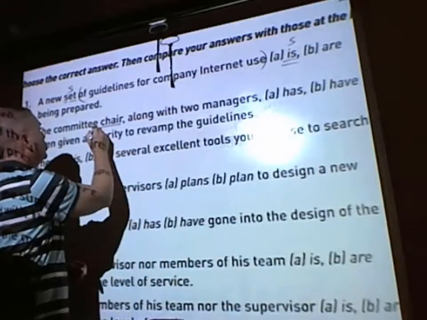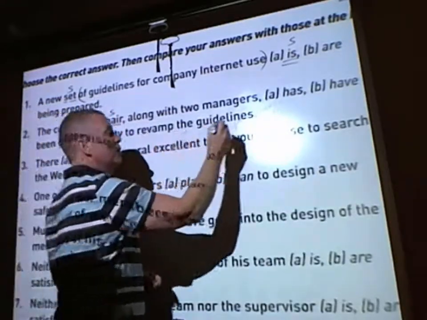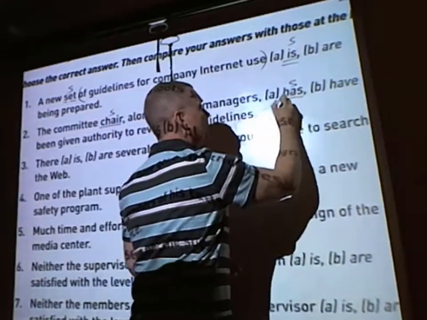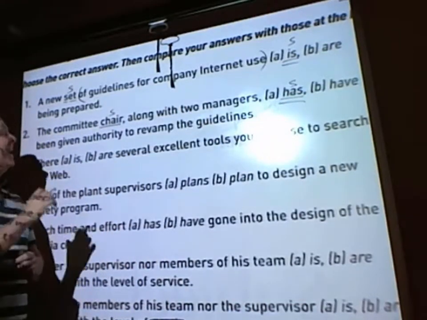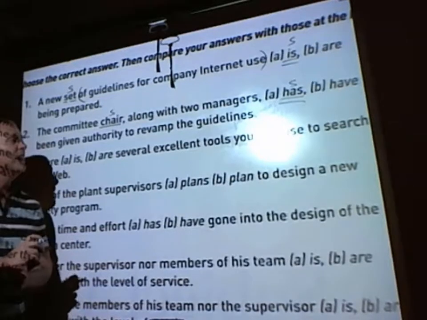So the chair is singular, so I need a singular verb, which is has. So therefore, the committee chair, along with 2 managers, has been given authority to revamp the guidelines.